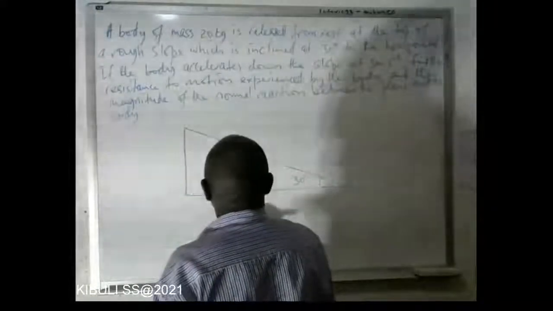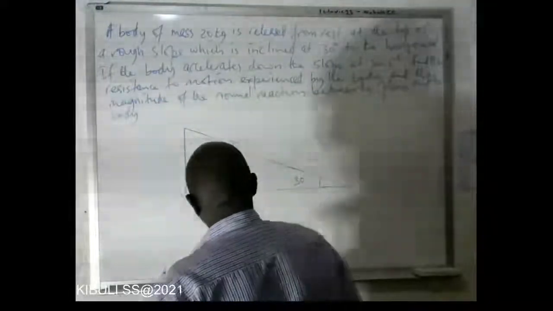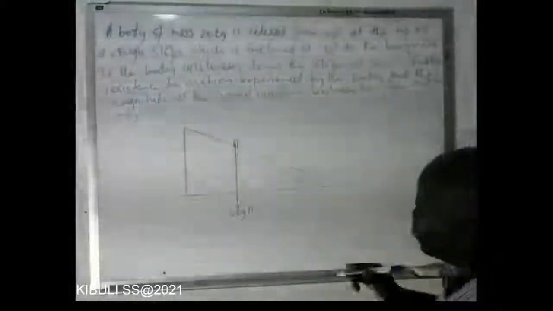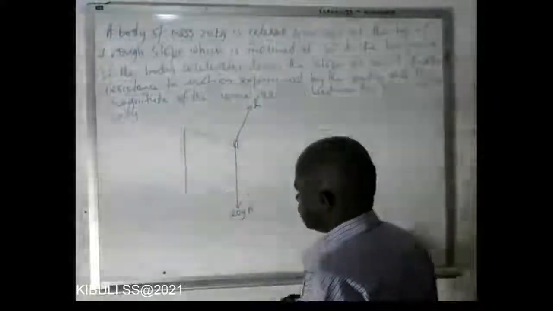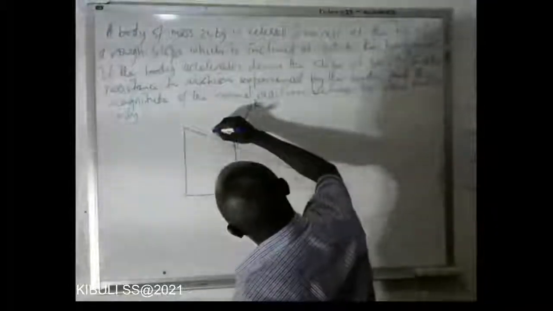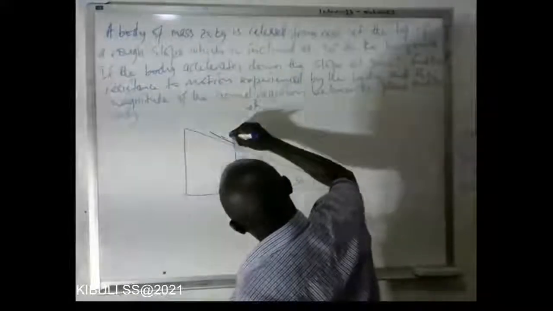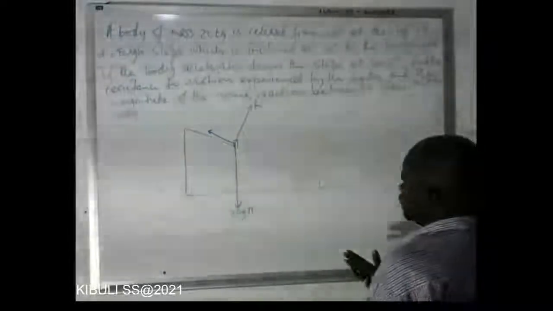It is given by the mass of the body times the acceleration due to gravity in newtons. The normal reaction will be perpendicular to the plane at the point of contact. The resistance to the motion of the body will be acting in the direction opposite to the direction of motion. The body is moving down the plane, so the resistance must act up the plane.